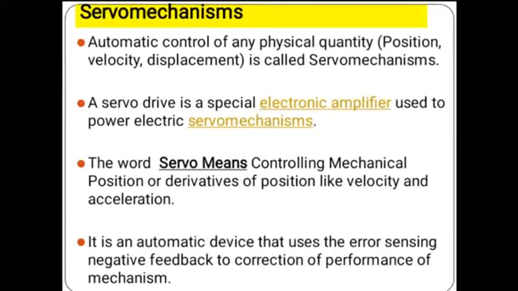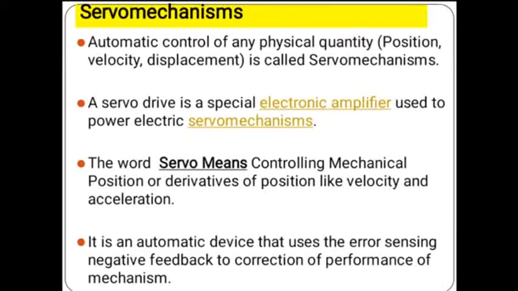A servo drive is a special electronic amplifier which is used to power electric servo mechanisms. The word servo means controlling the mechanical position or derivatives of position like velocity and acceleration.